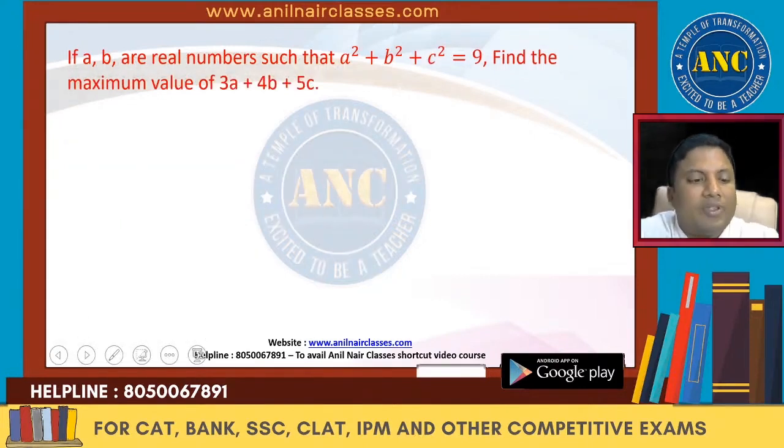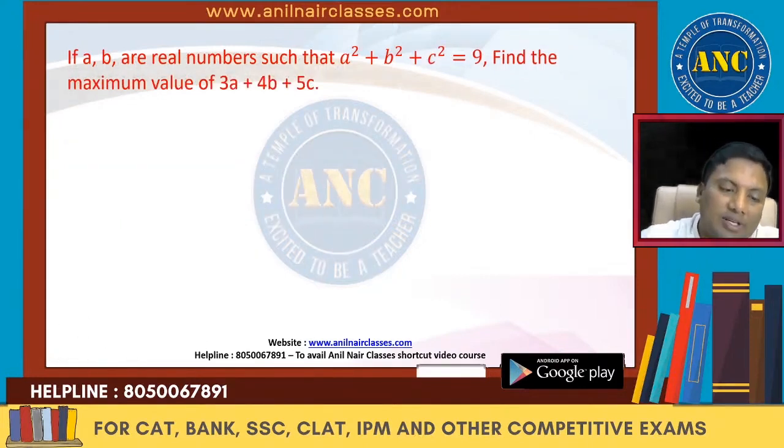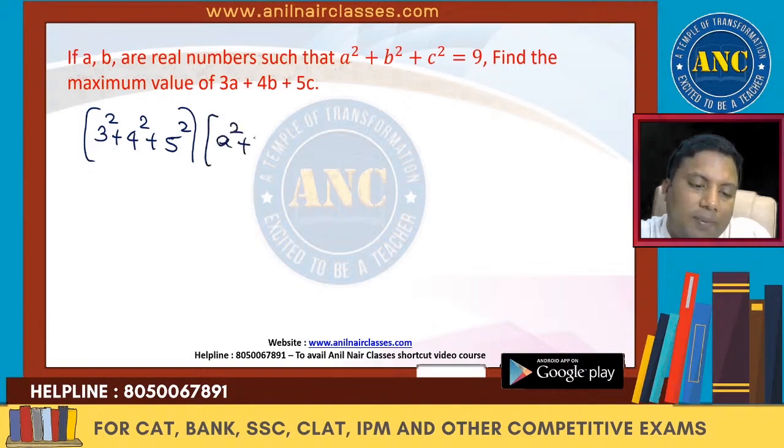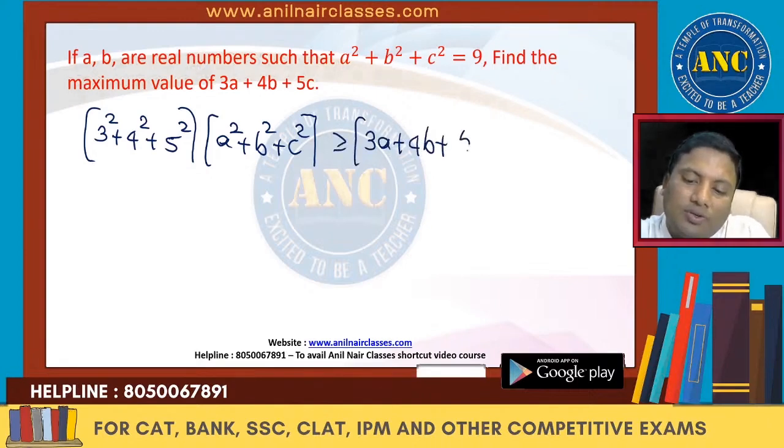Now, next question. If A, B, C are three real numbers with A square plus B square plus C square equal to 9, let us use this concept. 3 square plus 4 square plus 5 square into A square plus B square plus C square is greater than or equal to 3A plus 4B plus 5C whole square.